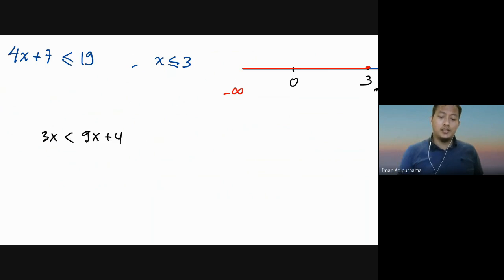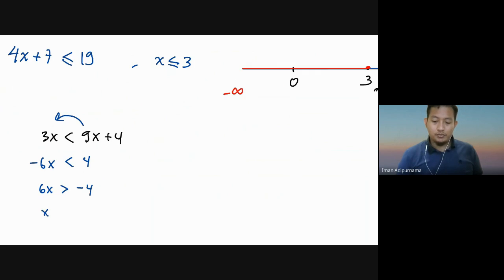You can still use an equal sign, right? So if you go here, it still looks like this. And if you multiply by the negative, you make it all negative. So it will be 6x.